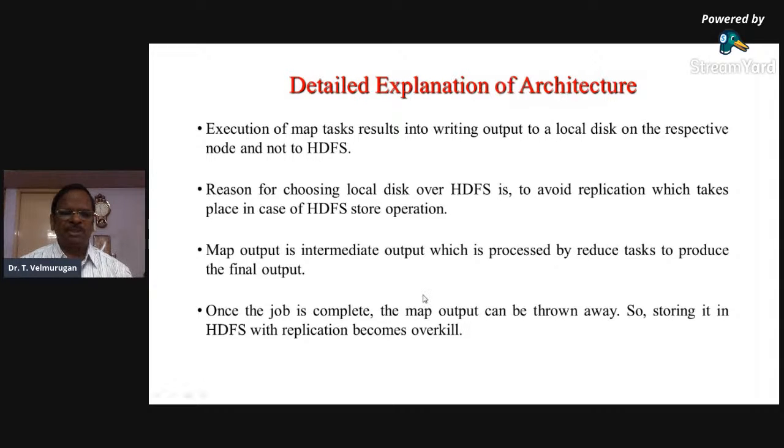Map output is intermediate output, which is processed by the reduce task to produce the final output. Once the job is completed, the map output can be thrown away. So storing it in HDFS with replication becomes overkill. We can easily avoid the replication by using the local disk.